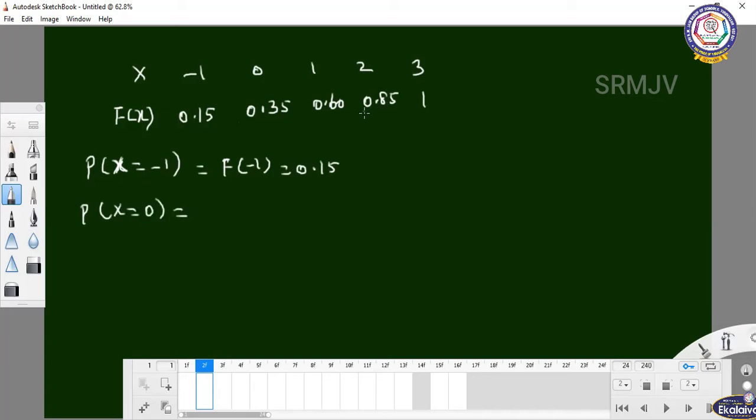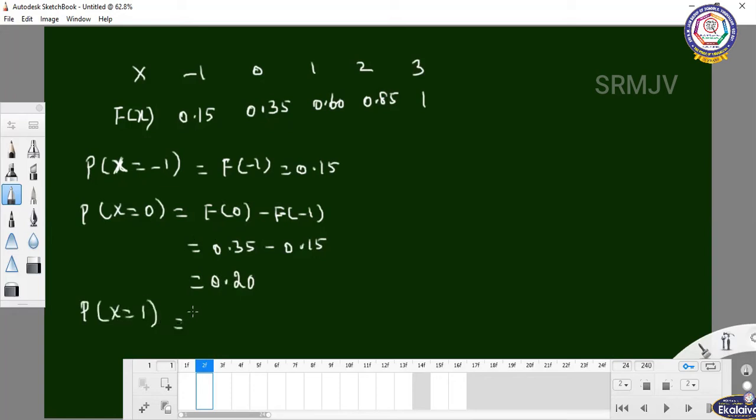Cumulative means you add the values; probability mass function means you subtract the values. F of 0 minus F of -1 gives 0.35 minus 0.15, which is 0.20.